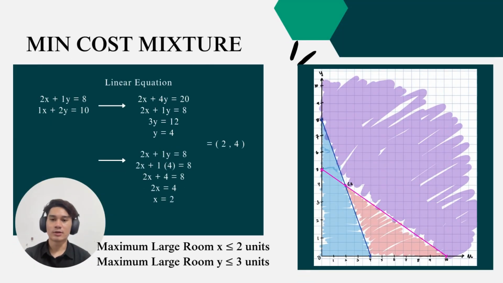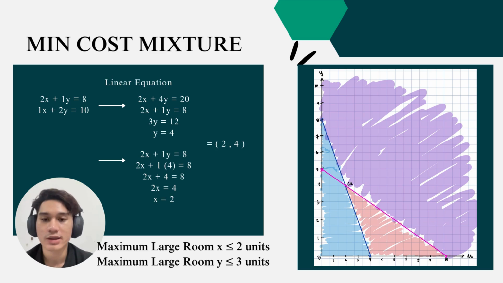Okay, so for the minimum cost of the mixture, the linear equations are 2x plus 1y equals 8 and 1x plus 2y equals 10. So the next calculation is 2x plus 4y equals 20, and 2x plus 1y equals 8, giving 3y equals 12, and the answer is y is 4.